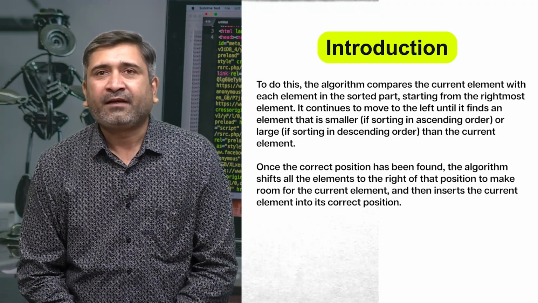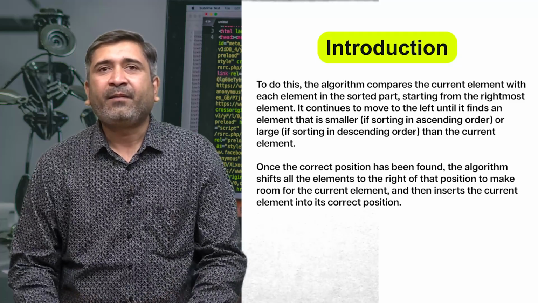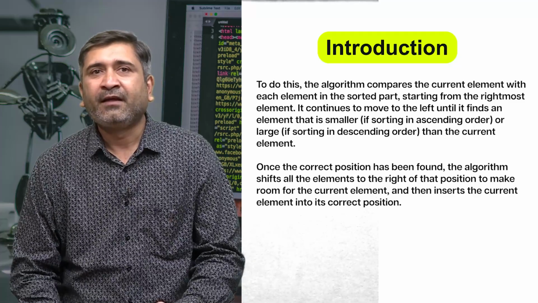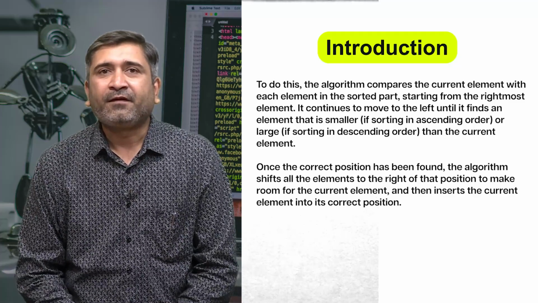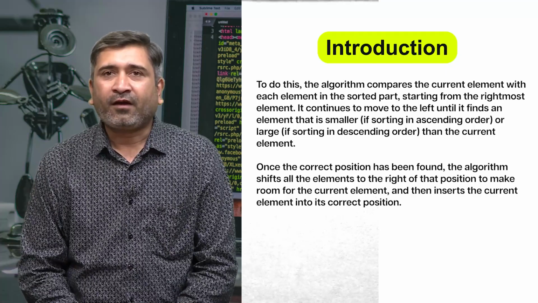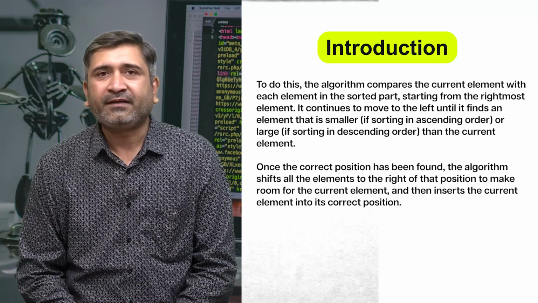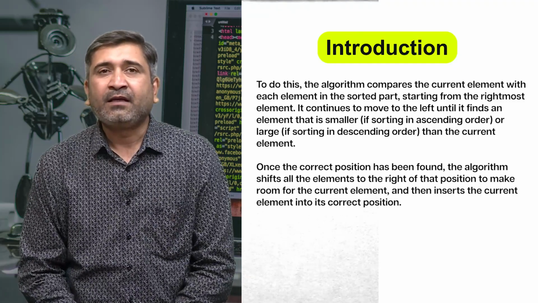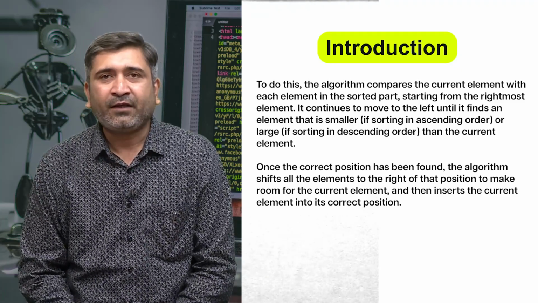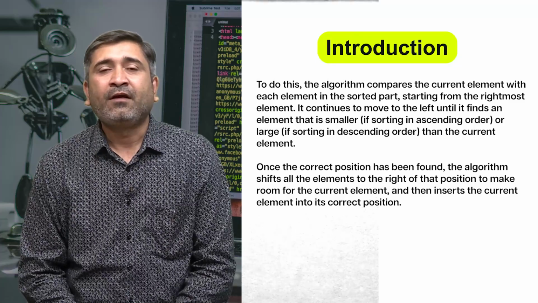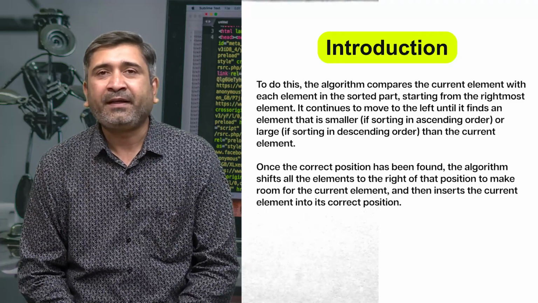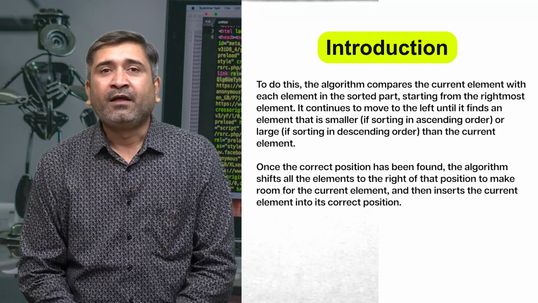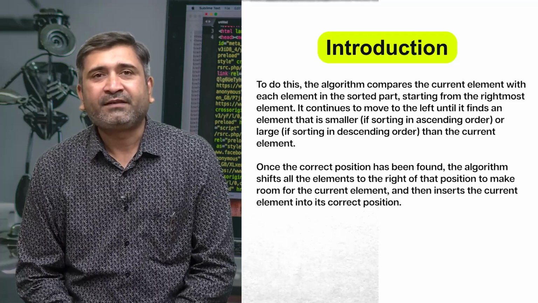Starting from the rightmost element, it continues to move left until it finds an element that is smaller if sorting in ascending order, or larger if sorting in descending order, than the current element. This is a theoretical description of insertion sort. When we explain the algorithm, the basic steps and the pseudo code, it will be very helpful to understand.